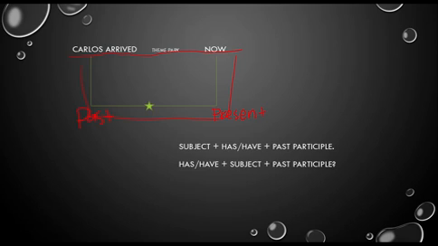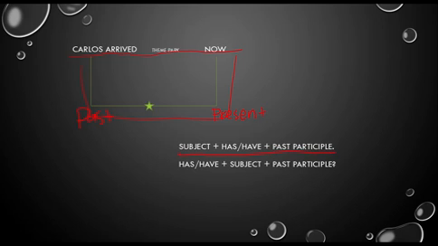Por ejemplo, en este ejemplo que se te da aquí, Carlos arrived theme park now, te está hablando de un pasado muy próximo, ¿ok? Carlos llegó al parque temático ahora, ¿ok? Carlos arribó, Carlos llegó.